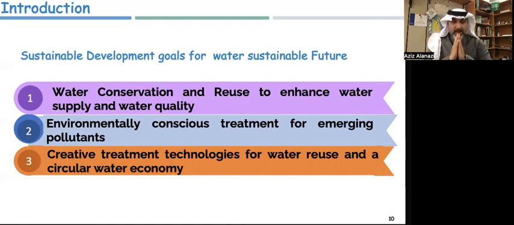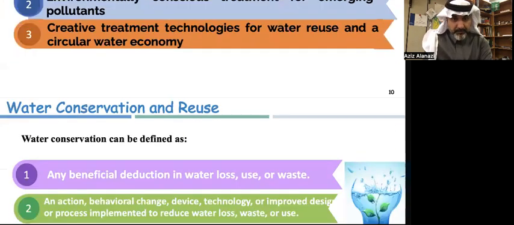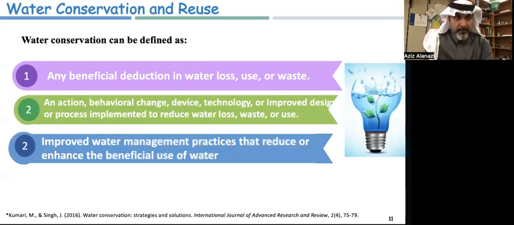We talk about carbon, circular economy, carbon footprint. It's time to talk about a circular water economy and focus more on innovation in the circular water economy. When we talk about water conservation, it's a very effective tool that we can use.